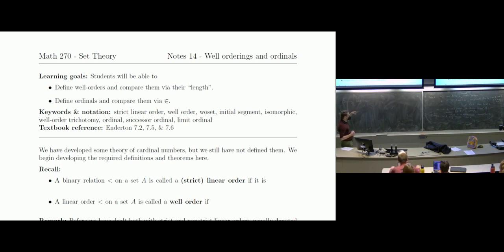Because well orders are well ordered, if I have the whole thing itself as a non-empty subset of itself, assuming A is non-empty to start with, that means it has a least element, right? So a non-empty well order has a least element. So we can start with this guy down here. It's the least element. So let me call this W0.